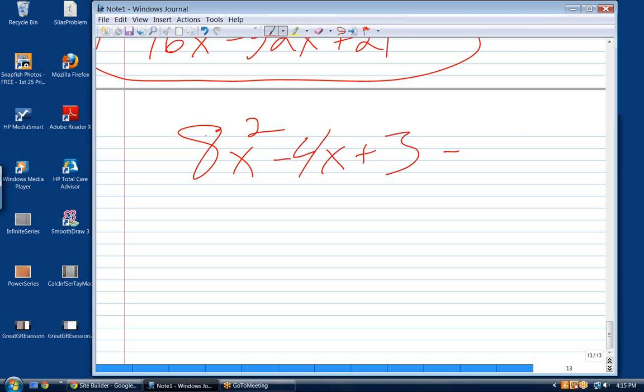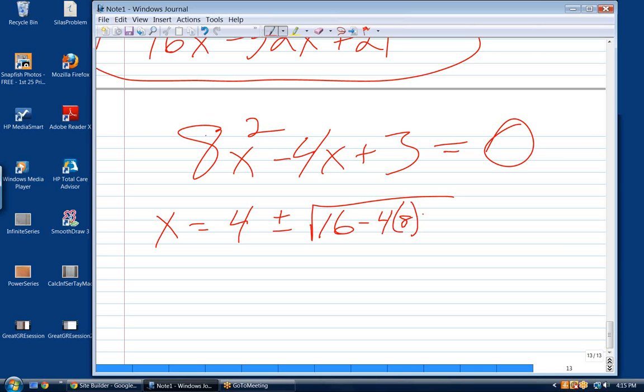Let's see what the solution of that is and see if it's what they say. Use the quadratic. Alright, so 4 plus or minus the square root of b squared minus 4 times 8 times 3, over 16.